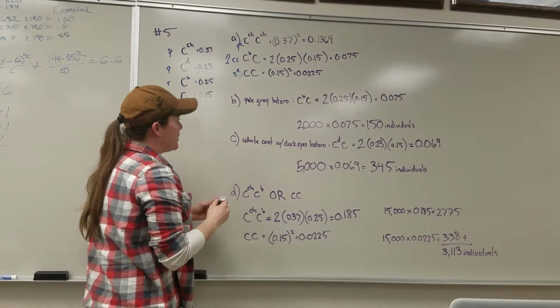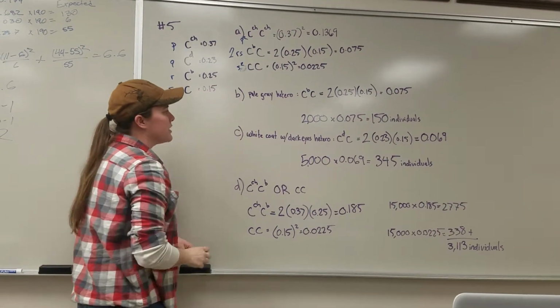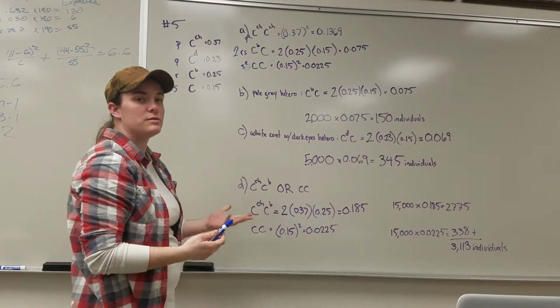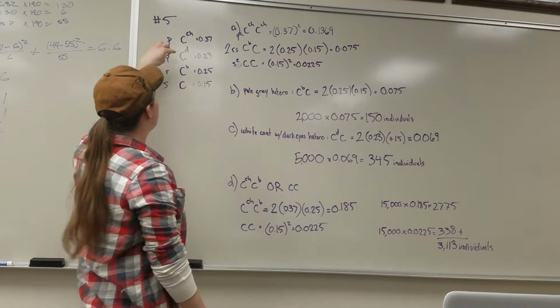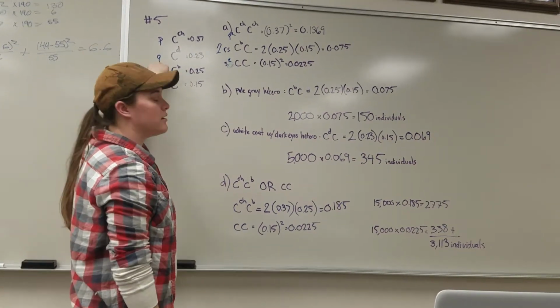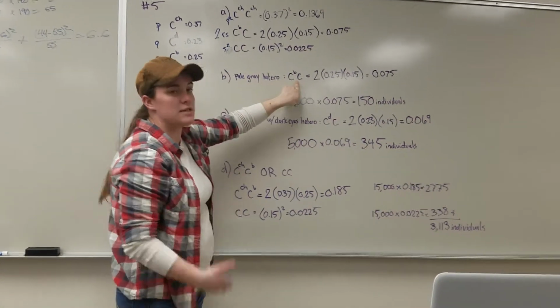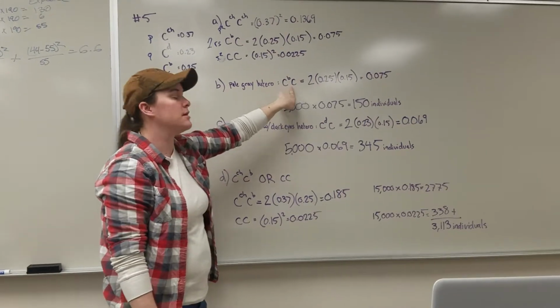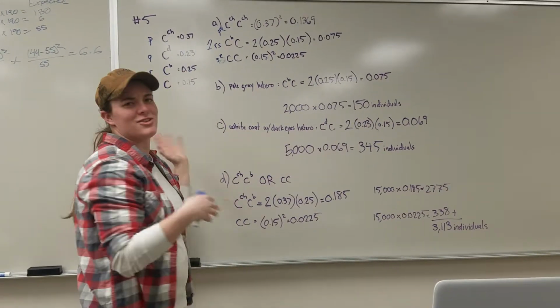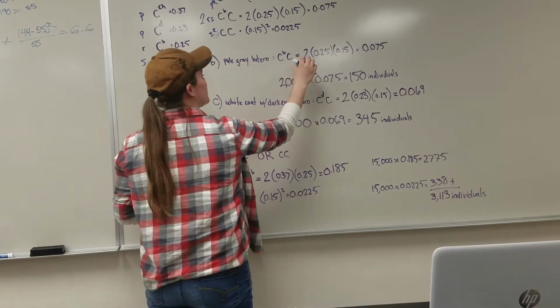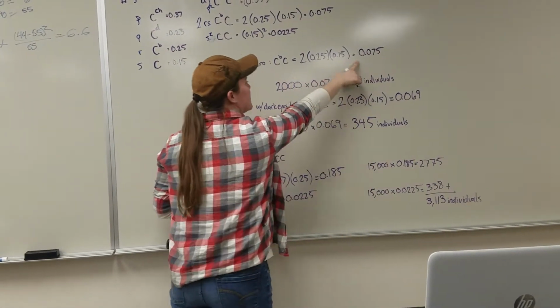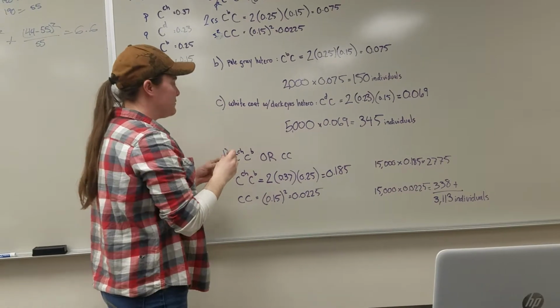All right, and then for B, it gives us our pale gray hetero, so we know that our first one's going to be our pale gray allele, and then since it's hetero, it's going to be our lowercase c with no other additional names. So that's going to come out to 2 times them. You just plug it in, and you get 0.075.